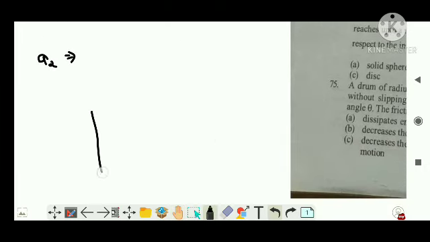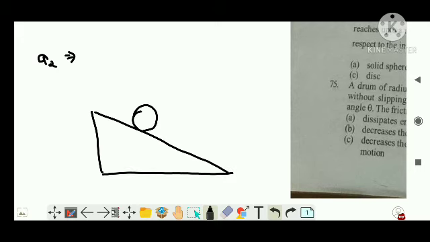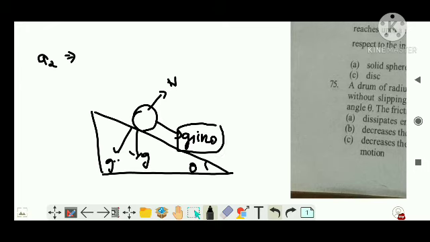You have learned that earlier also. This is an object, so this will be g, and this will be g sine theta, when theta is this angle, and this will be g cos theta. G cos theta will cancel out with the normal reaction, obviously, with m, right? So g sine theta is the acceleration of the sphere which is slipping, right?